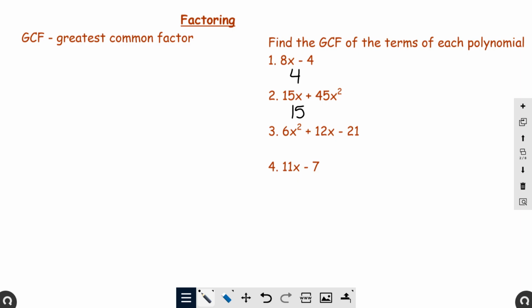Also, a hint for this is pick the lowest amount that they have. So we have an x and we have an x squared, which is x times x. So would it be an x or would it be x squared that they have in common? Just x. Good. So our final answer for GCF would be 15x.